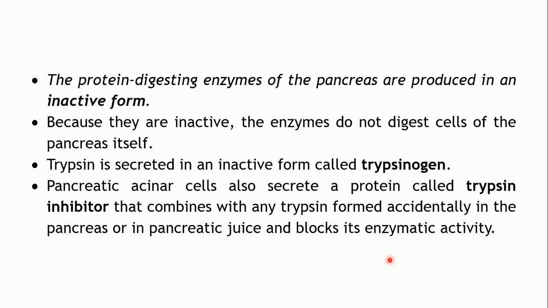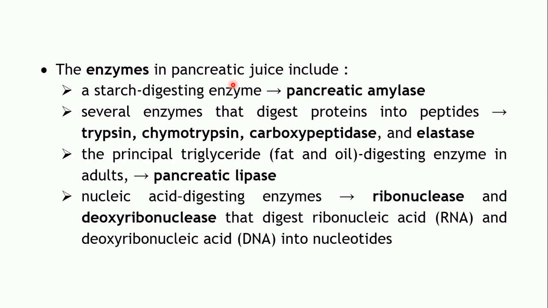Now, there is a certain property about these enzymes which you should keep in mind, especially the protein digesting enzymes. These protein digesting enzymes, there are 4 enzymes, right? Trypsin, chymotrypsin, carboxypeptidase and elastase. Now, imagine if these enzymes were secreted in the active form, what will happen?